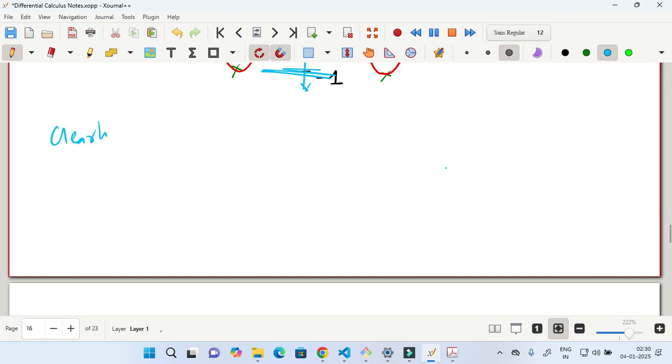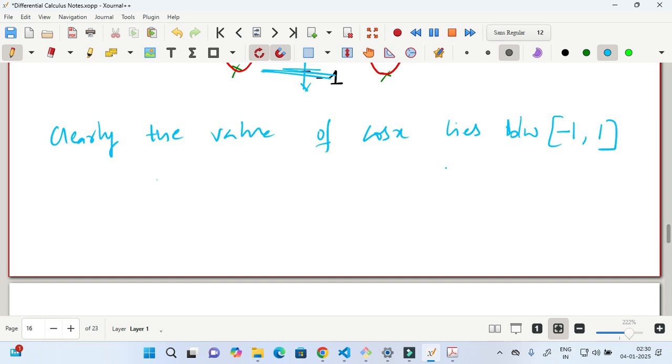Clearly, the value of cos x lies between minus 1 and 1. So remember this very clearly: cos of anything lies between minus 1 and 1.